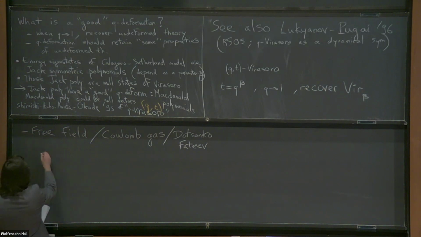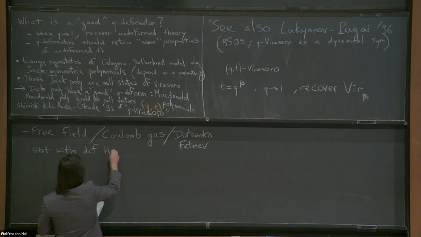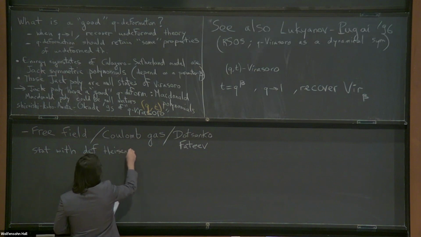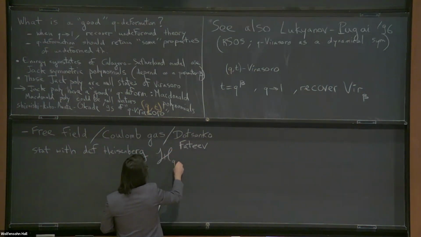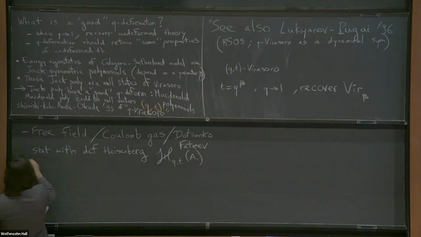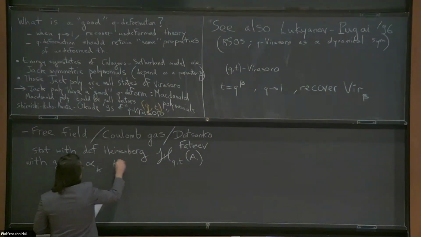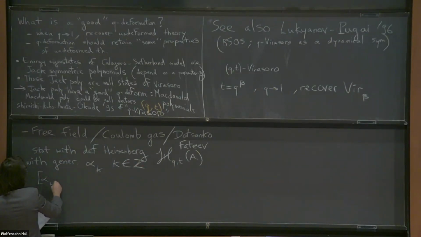So what do you do? You start with a deformed Heisenberg algebra, which I'll write H_qt of A1, with generators alpha_k that obey the following commutation relations.